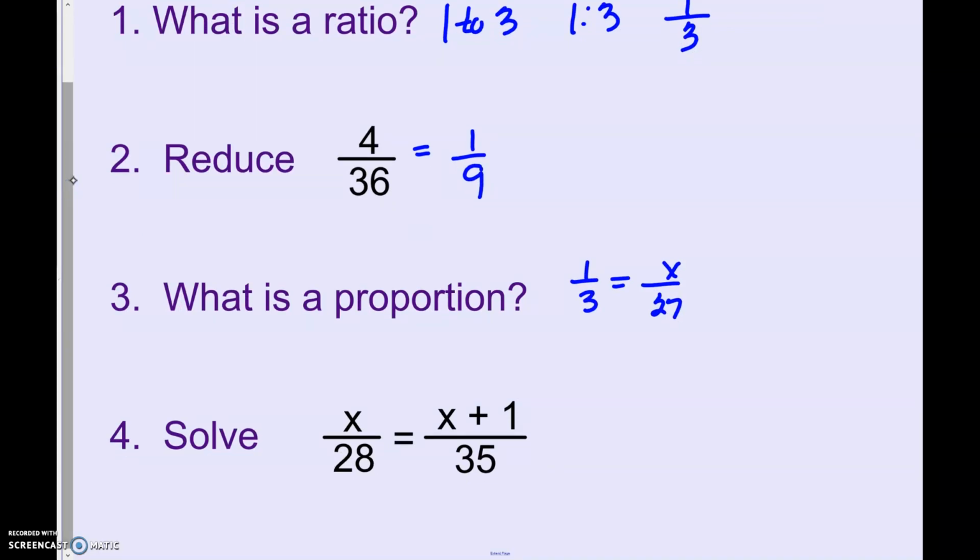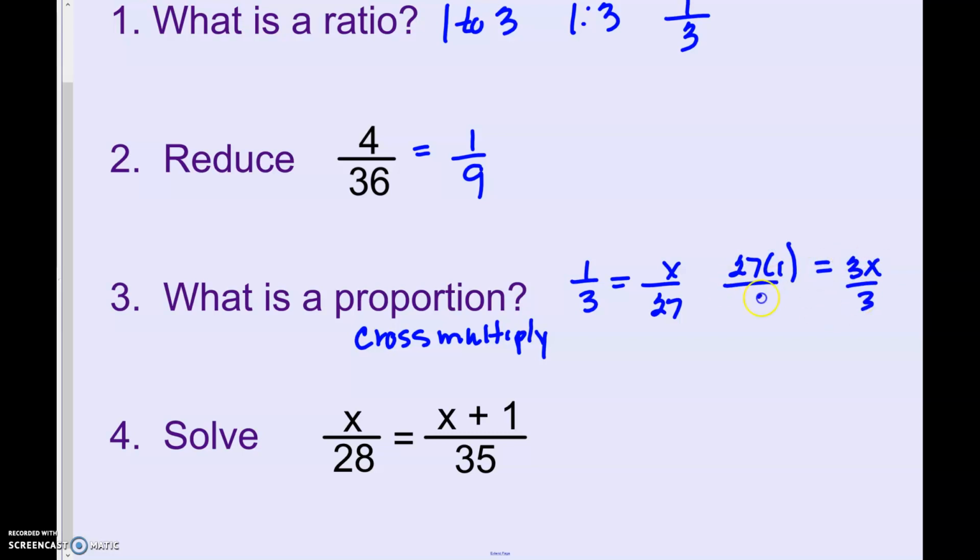And remember, when we solve them, we cross multiply. So in this particular case, we'd take 27 times 1 equals 3x. And now we're going to divide both sides by 3. So we get 9 equals x.